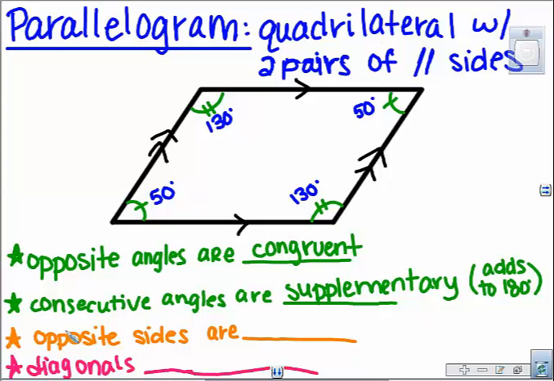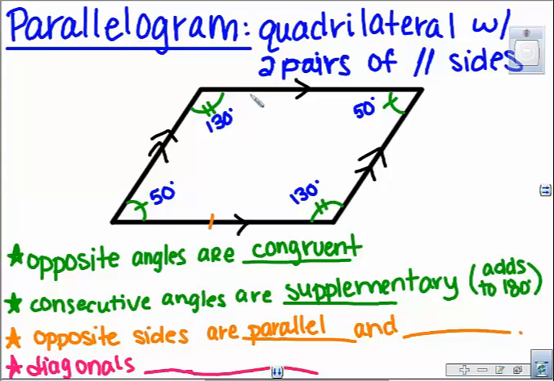Now as far as the sides of a parallelogram go, the sides across from each other, obviously we said that they're parallel, so we'll actually write that down as well. We'll put 2 blanks here. Opposite sides are parallel and there's another attribute that you need to know about these sides. They are going to be congruent.